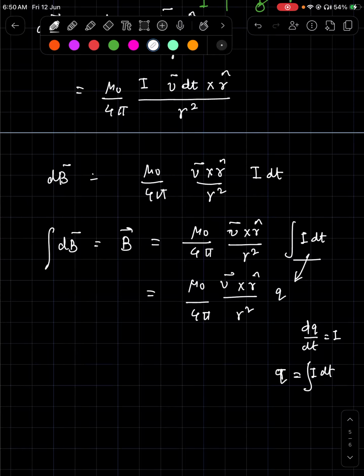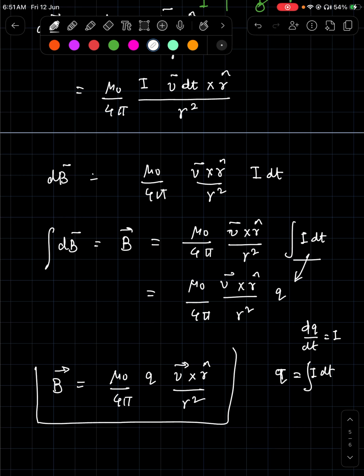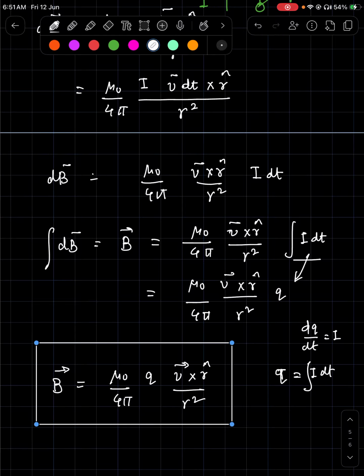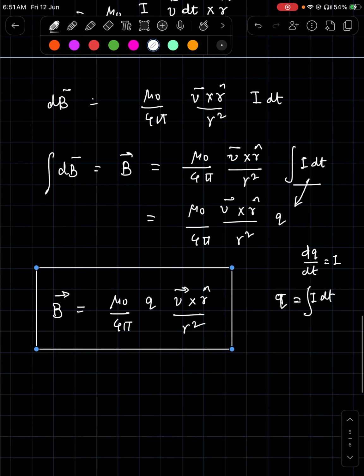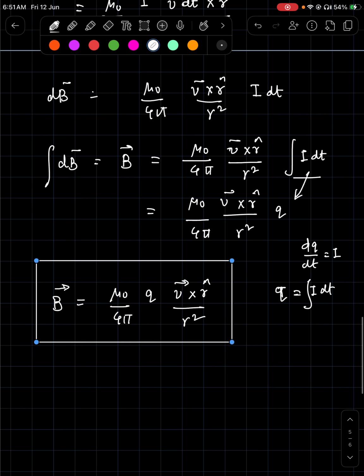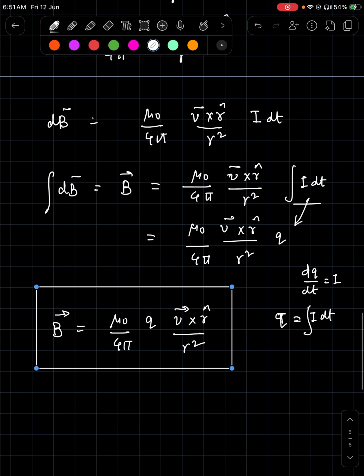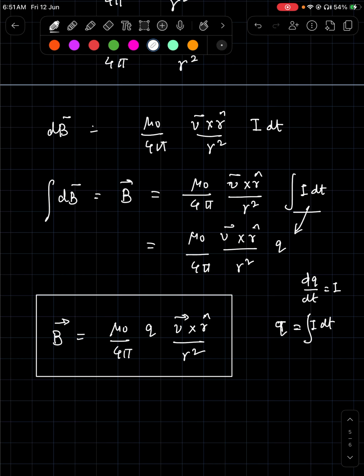So the final expression of the magnetic field due to the motion of the point charge with velocity v is mu naught by 4 pi Q into v cross r cap by r square. This is the final equation of the magnetic field of the point charge moving along this. Good. That is a very important thing.